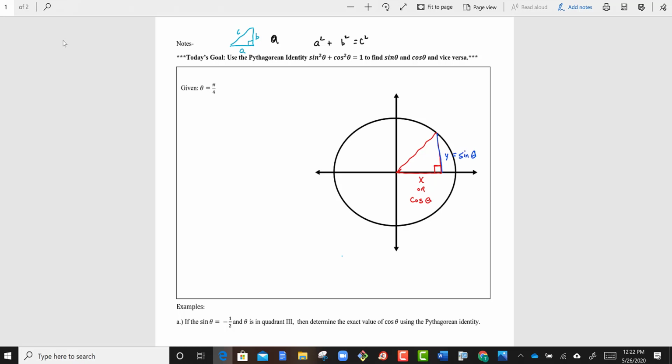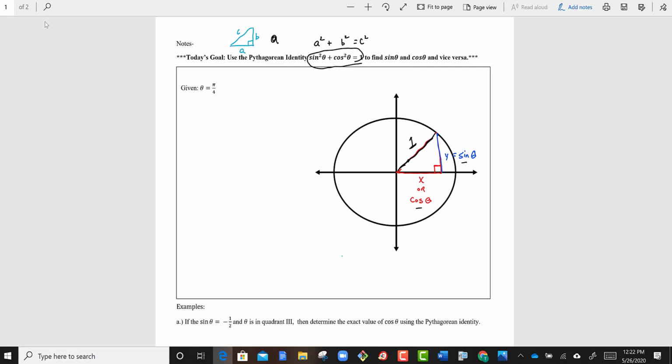Both are accurate representations. And of course, the hypotenuse is always 1, because the hypotenuse is the radius of the unit circle. So literally, the Pythagorean theorem says the two short sides squared equal the hypotenuse squared. That's what we're seeing happening here. We're seeing cosine squared plus sine squared of theta would equal 1. So that's where this identity is coming from.